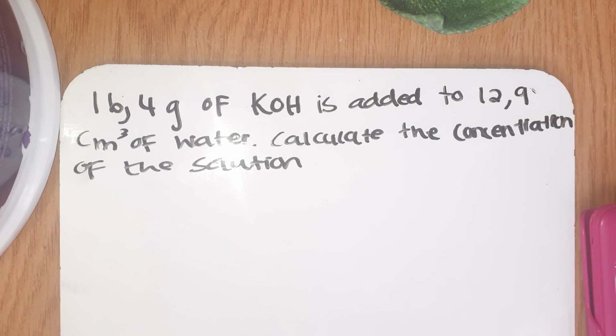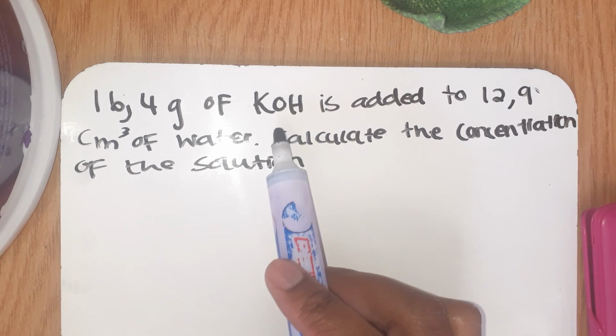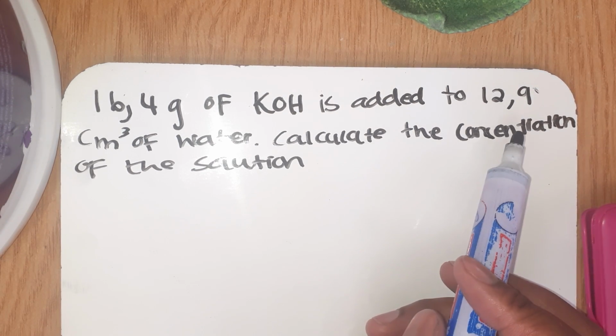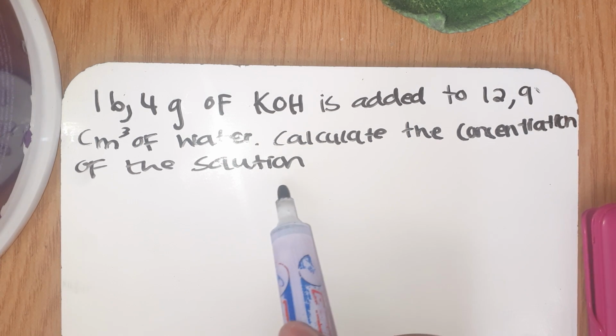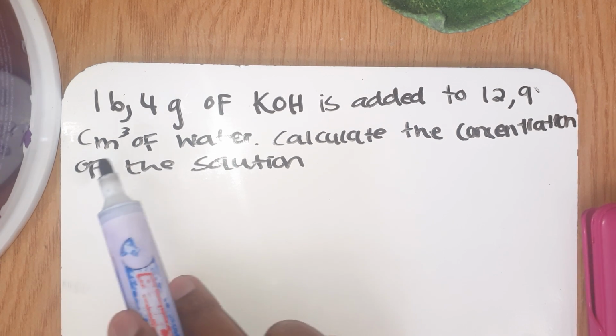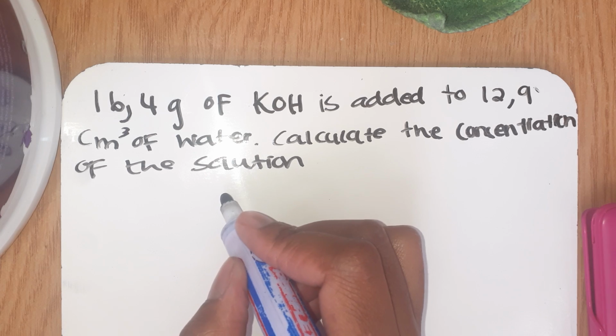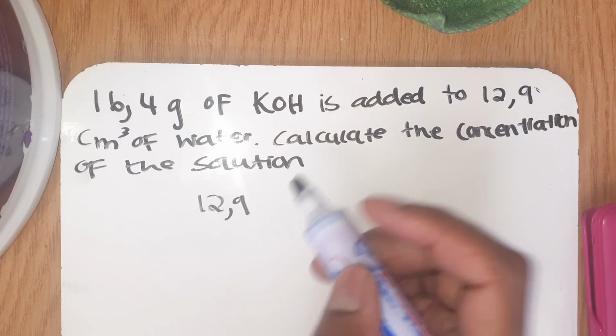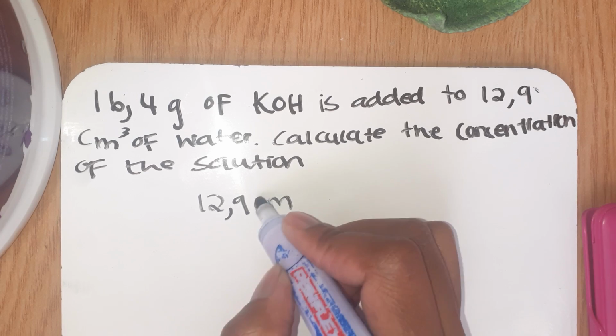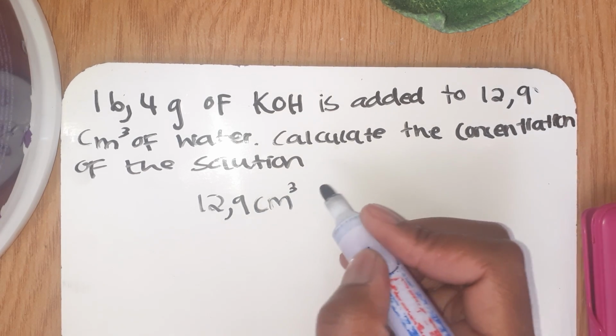All right, this is another concentration example. We have 14 grams of KOH added to 12.9 centimeter cubed of water. Calculate the concentration of the solution. Volume has to be in decimeter cubed, and now we have 12.9 centimeter cubed, which means we have to convert.